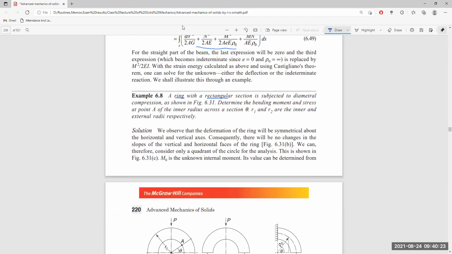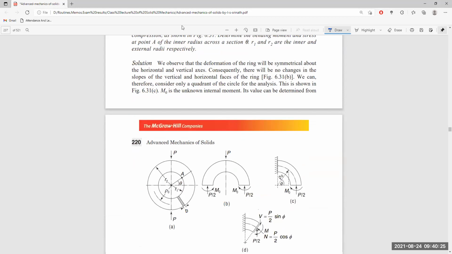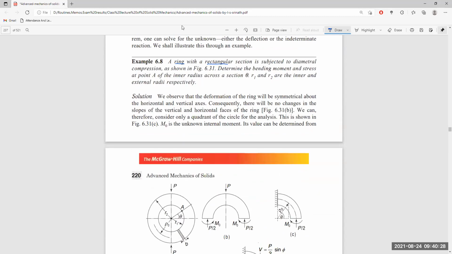What is shown here in the figure is the total thick ring which is subject to diametral compression, meaning the compressive load applied at this end and then this end, compressing the total ring itself.